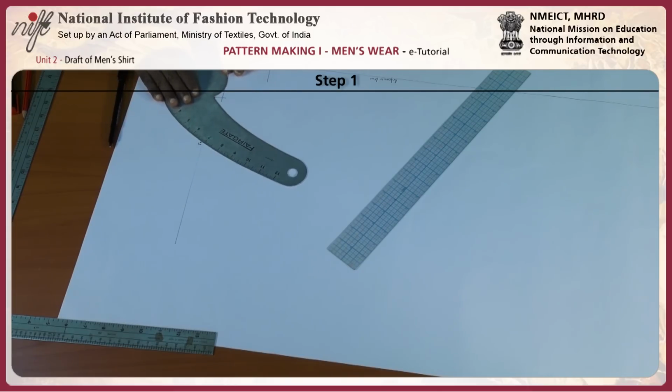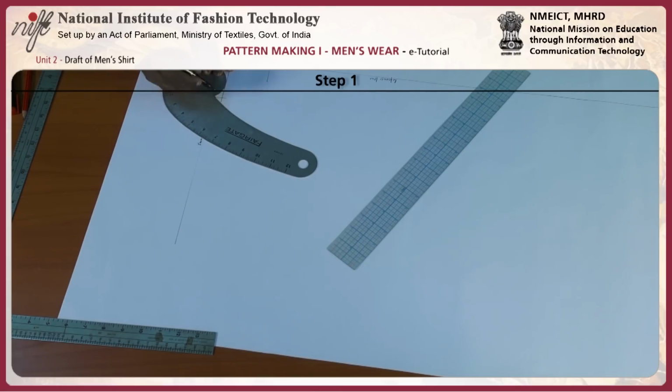This should be a short curve. If you are using pencil, it can be erased and redrafted.